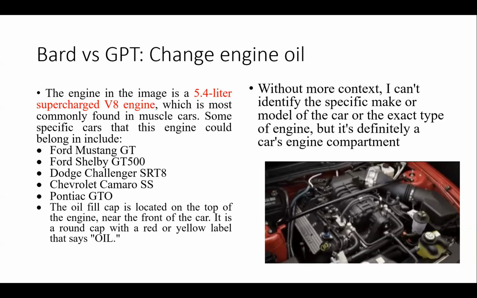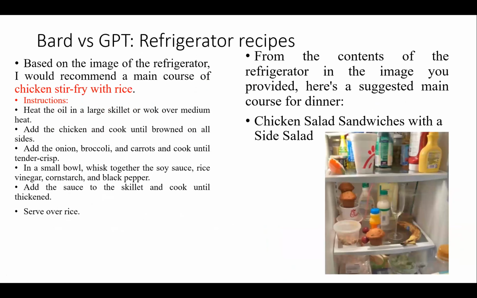It typically will say that from the outset, when you first log on to ChatGPT: don't trust it. It's interesting, in GPT's case, it seems to be much less specific. It just says it's a car engine. It's definitely a compartment. It doesn't even try to find the oil. So again, it's a one-off case, but you can see some challenges there.